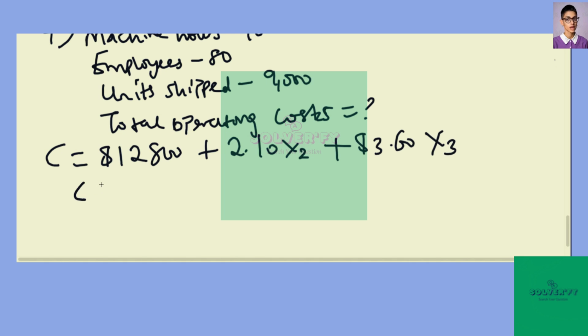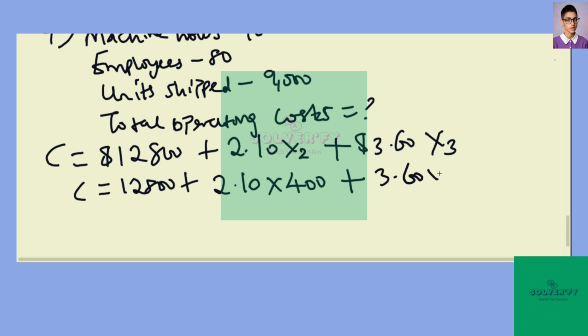Now the operating cost is 12,800 plus 2.10 multiplied by x2, which is 400 because it's the machine hours, then plus 3.60 multiplied by x3, which is the units shipped, 9,000.